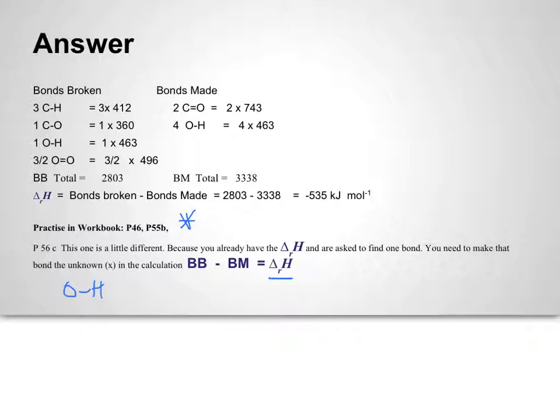So you're going to need to make that X the unknown number and rejig this whole equation to give x equals, which requires some mathematical skill. But I'm sure you're up to it. So have a go at those questions. And that's the end of this lesson.